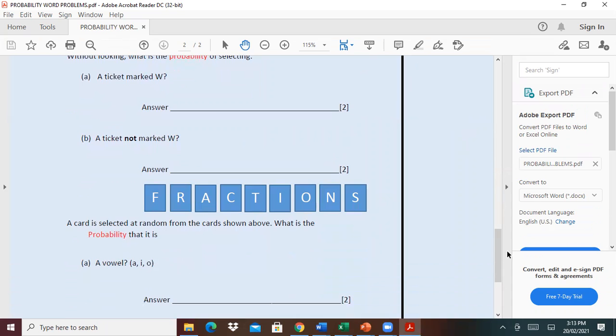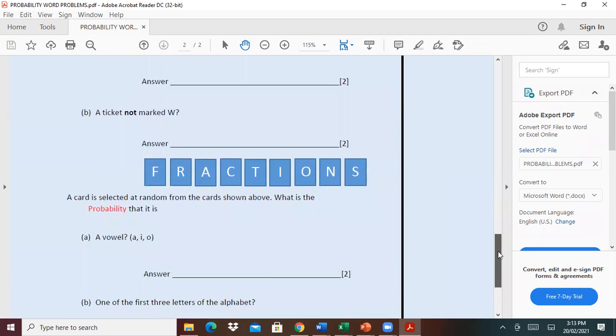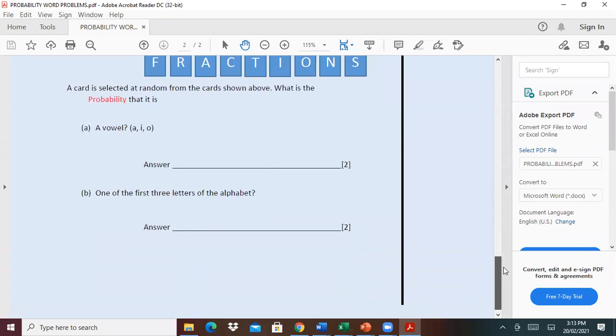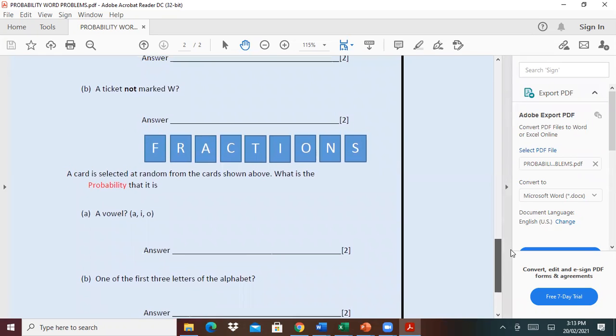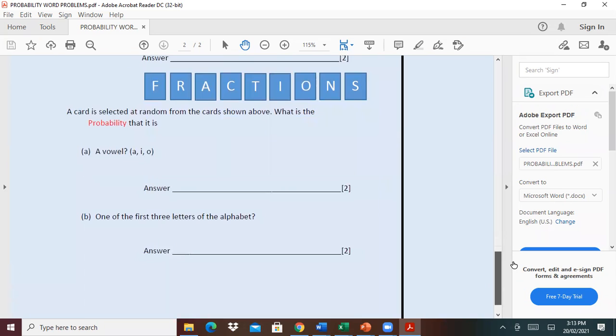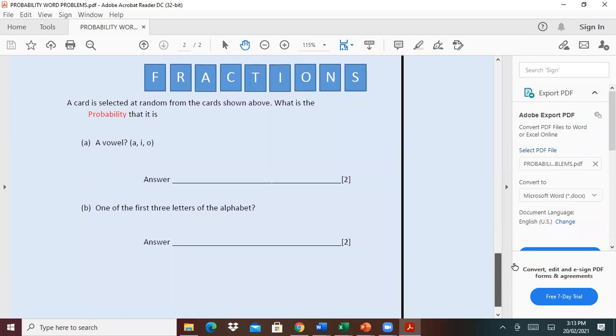Now we have a question that gives us a block of letters, and our letters spell out the word fractions. And it says here, a card is selected at random from the cards shown above. What is the probability that it is a vowel?